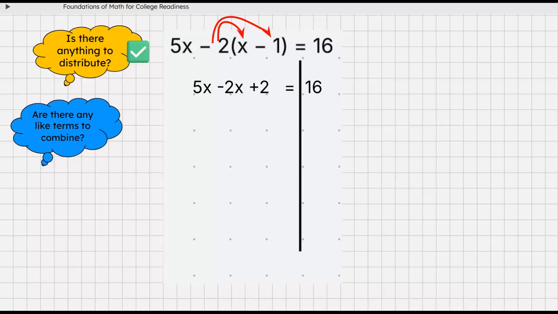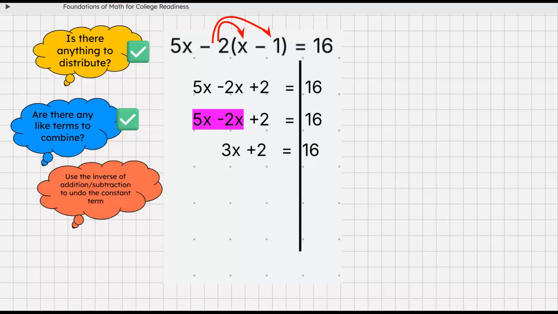Now, are there any like terms to combine? Yes, there are. We have a 5x and a negative 2x that are like terms, and we can combine those to make 3x. And don't forget about the plus 2. Now we can go to actually solve because we have a two-step equation.